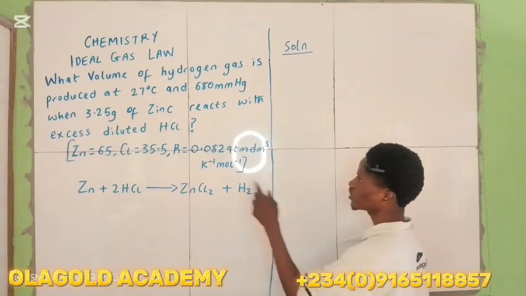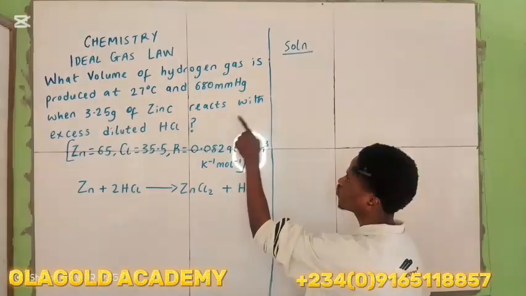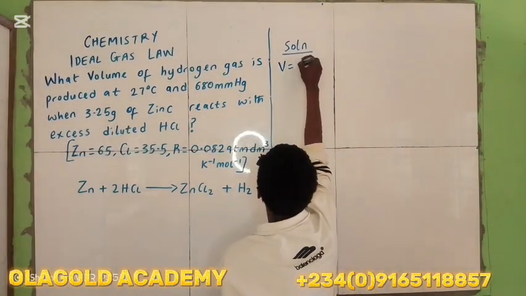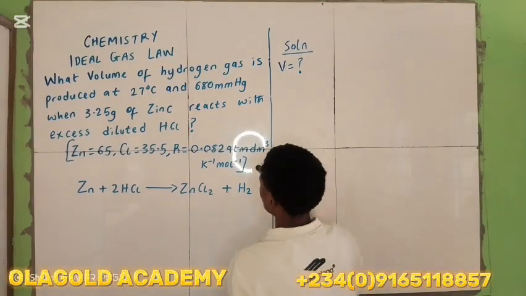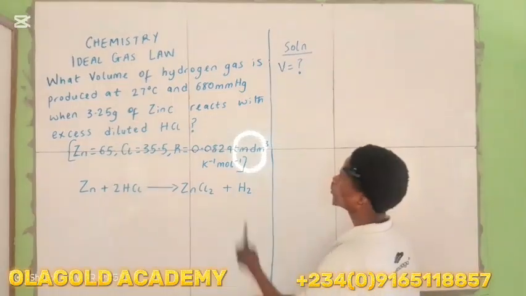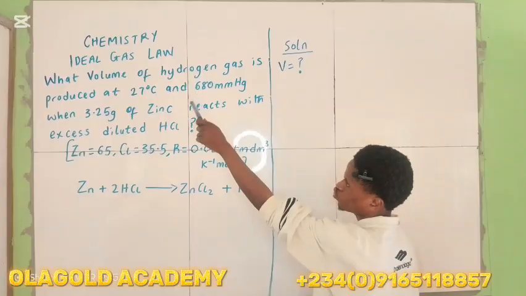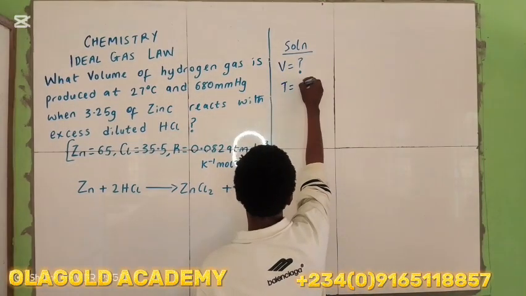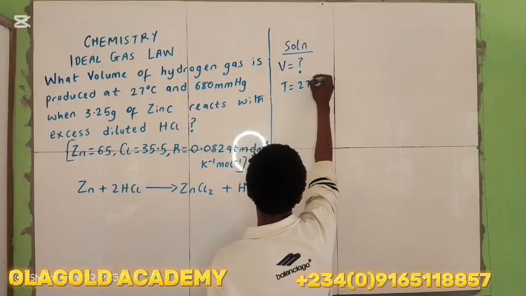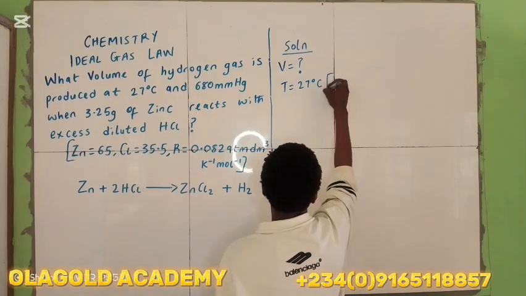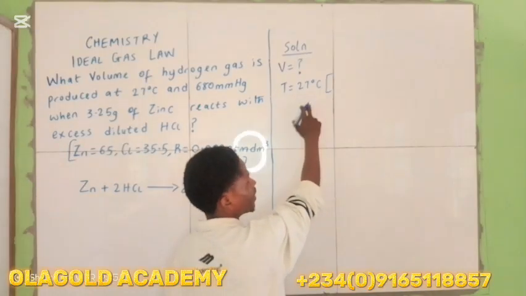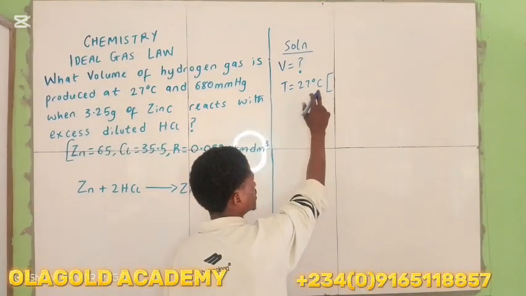Now the question says, what volume of hydrogen gas? So volume is not known. It's produced at 27 degrees Celsius, so temperature is given as 27 degrees Celsius. And don't forget, we need to convert to Kelvin by adding 273.